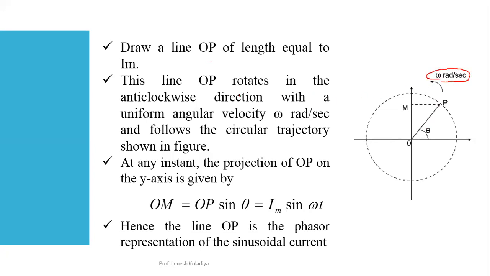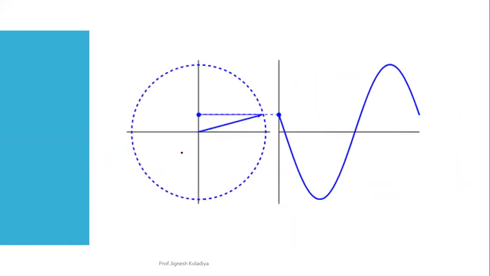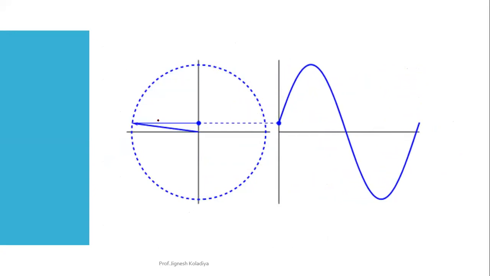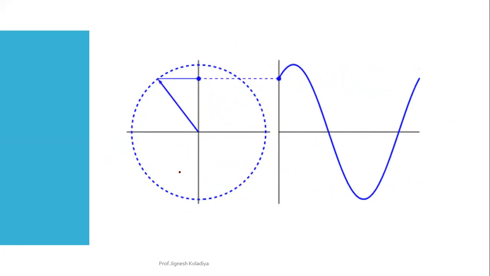This line rotates anti-clockwise with omega velocity, and it forms a circular trajectory, right? So continuously it is rotating in this manner. You can see the vector is continuously rotating like this, and it follows this circular trajectory.